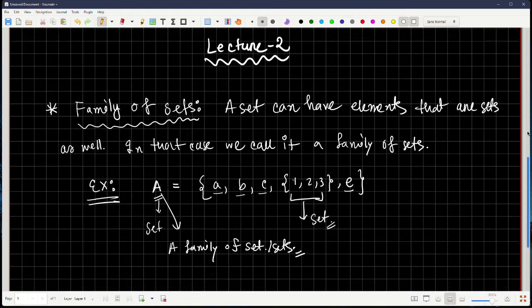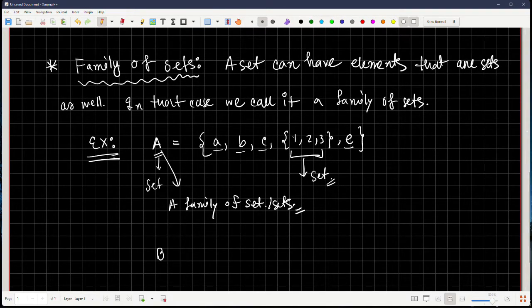If you want to take another example, let's write a set B: you can have {1, 2}, {2, 3}, {a, b, c}, and you can make many more examples like this one.